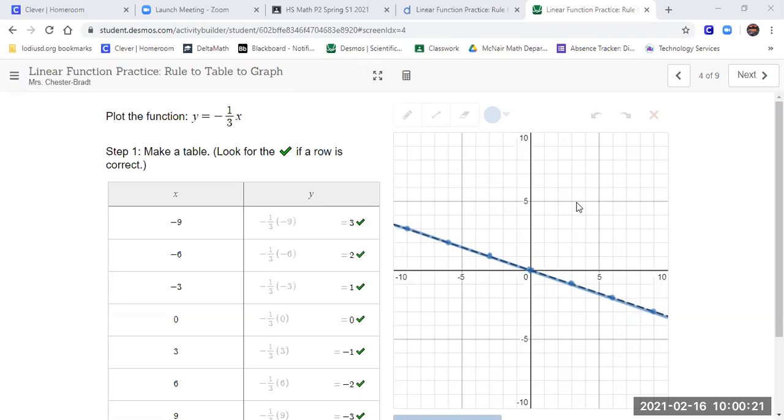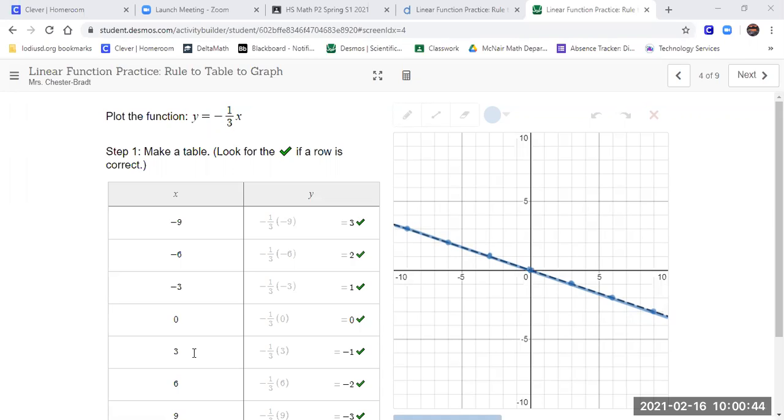What is negative 1 times negative 1/3? Multiply whatever you pick for x times negative 1/3. So if we pick 1 for x, we would have a fraction.